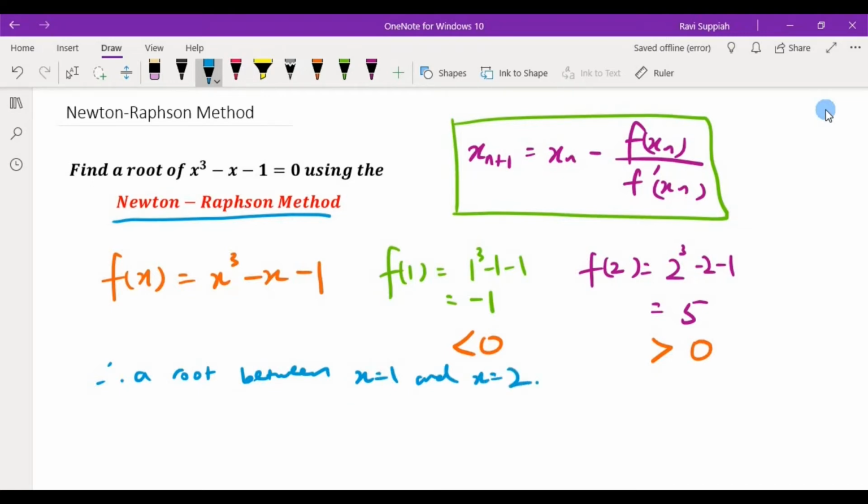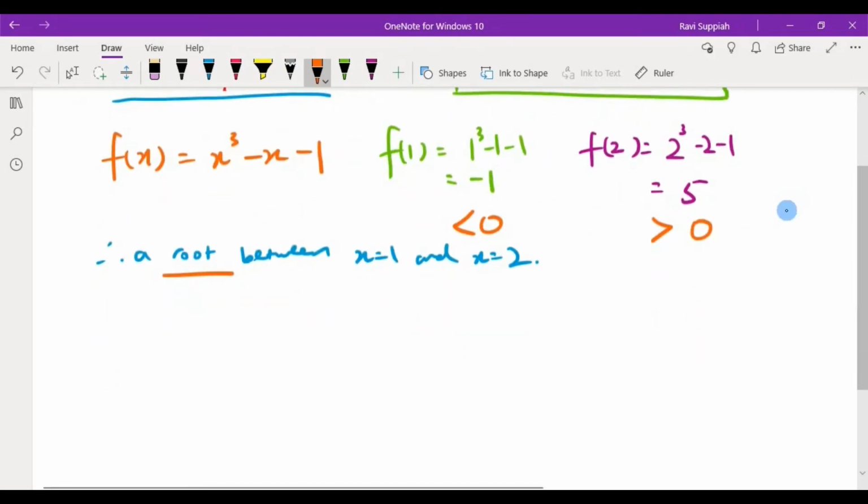So there will be a crossing of the curve from negative to positive between x equals 1 and x equals 2. There is a root present in this range. Since we know this, we can use x0 equals 1 as the starting point.